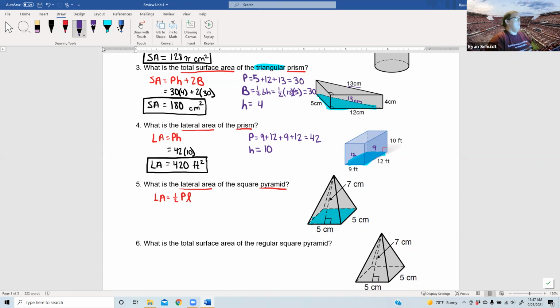So then let's see, I need that perimeter. Well, that side's going to be 5. That side's going to be 5. So 5 plus 5 plus 5 plus 5 gives you 20. And then remember, the slant height is the one that goes down the side of it. In this case, they actually give it to us. They tell us the slant height is 7.